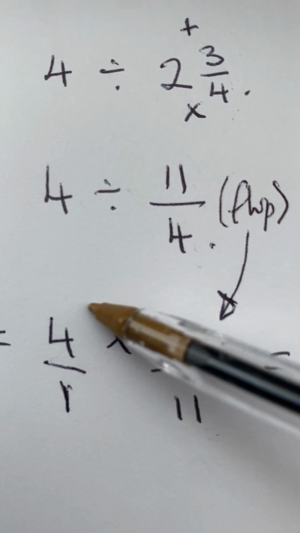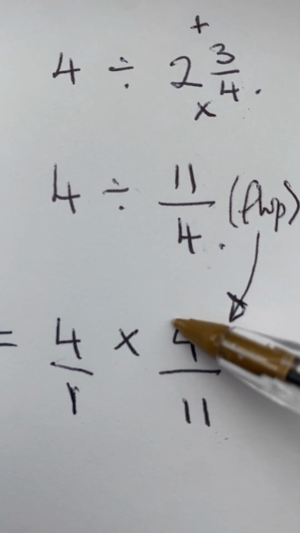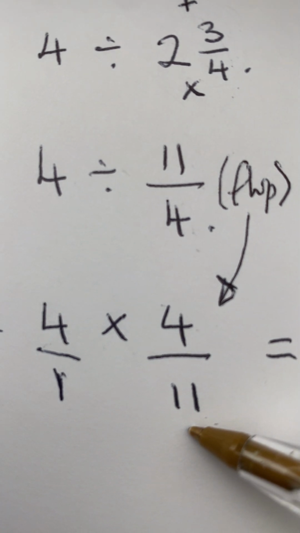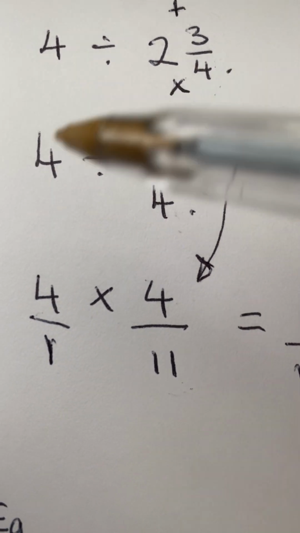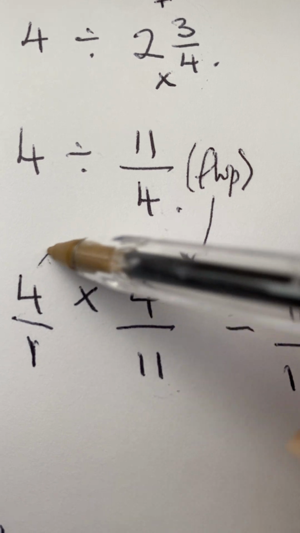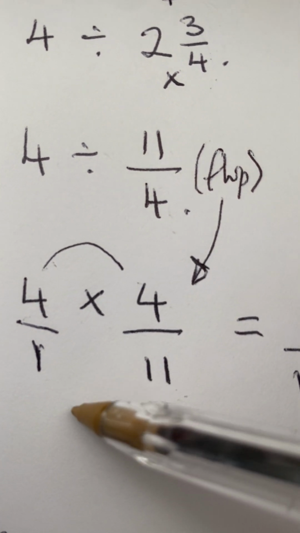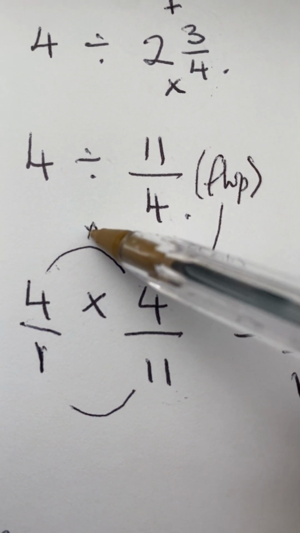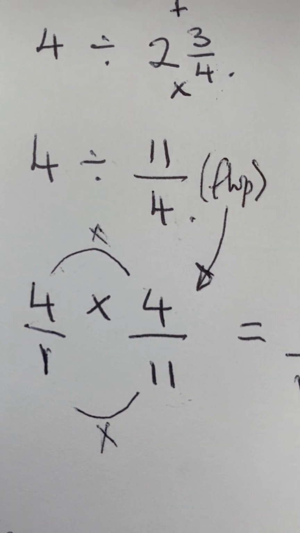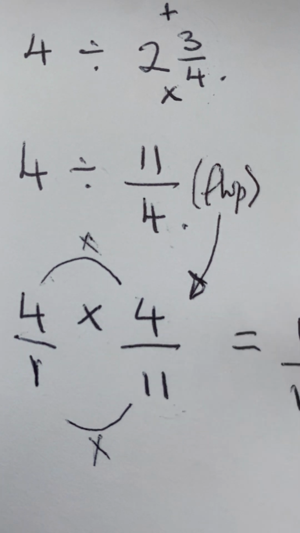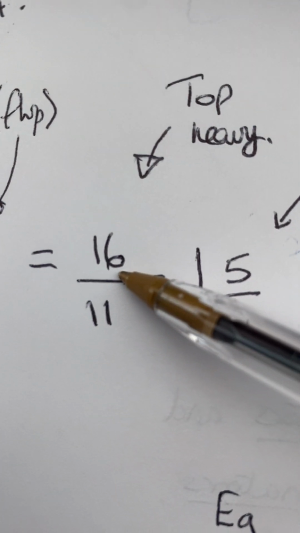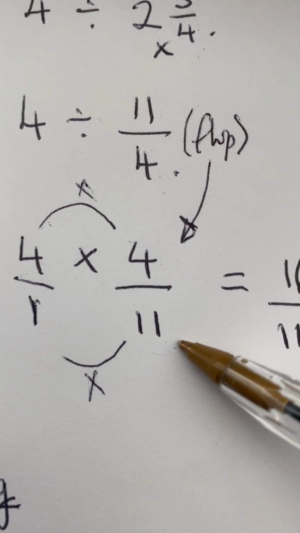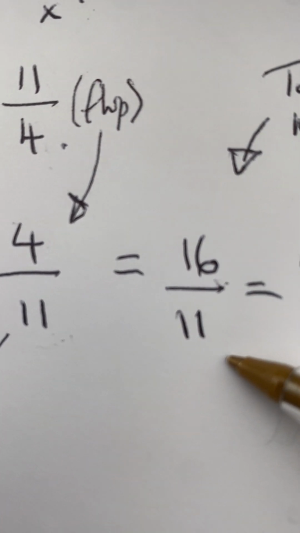So we multiply the numerators and the denominators: 4 times 4 is 16, and 1 times 11 is 11.